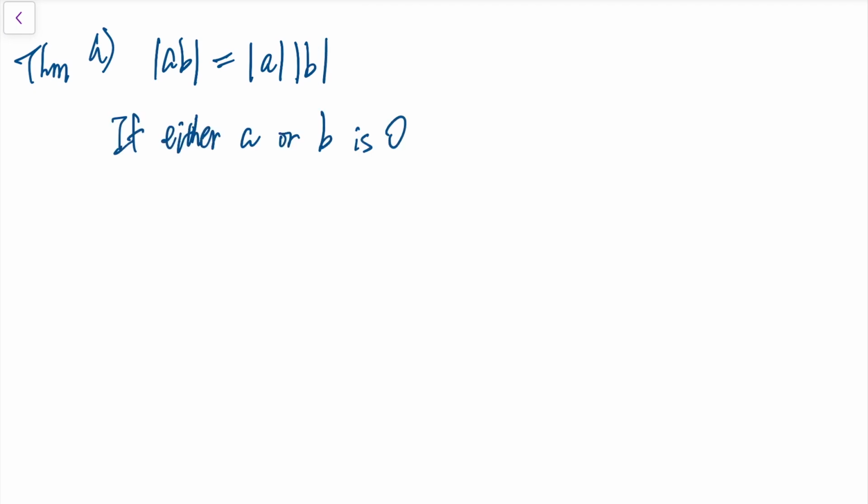Let's prove this theorem. The absolute value of AB is equal to the absolute value of A multiplied by the absolute value of B. If either A or B is 0, both sides are equal to 0.